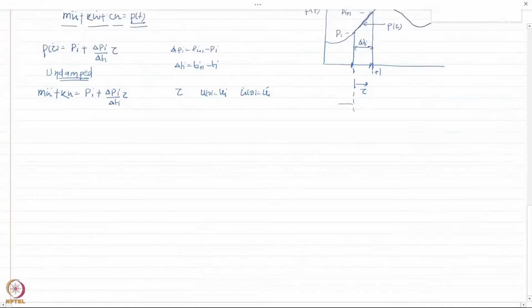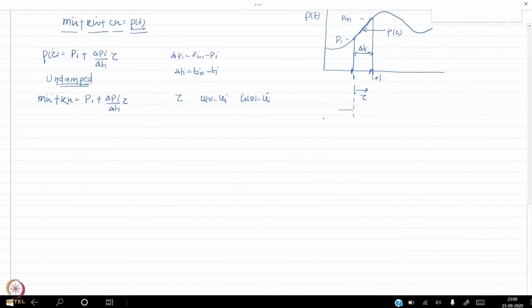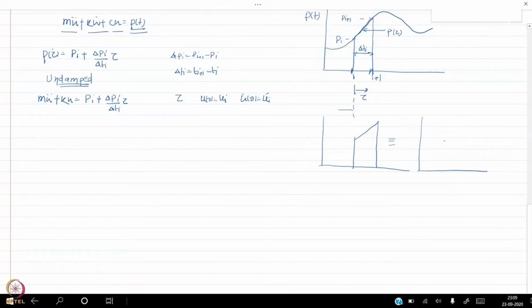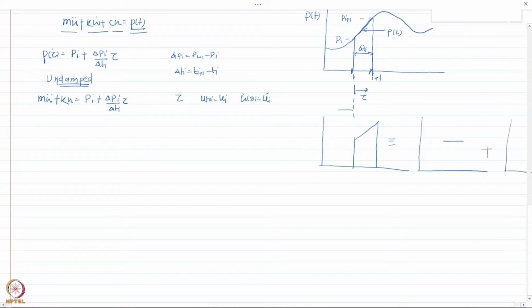So the total response, remember I'm trying to find the response subject to this excitation function, can be represented as the sum of the response due to a step function, then a ramp function, plus the response due to the initial condition acquired up to step i.